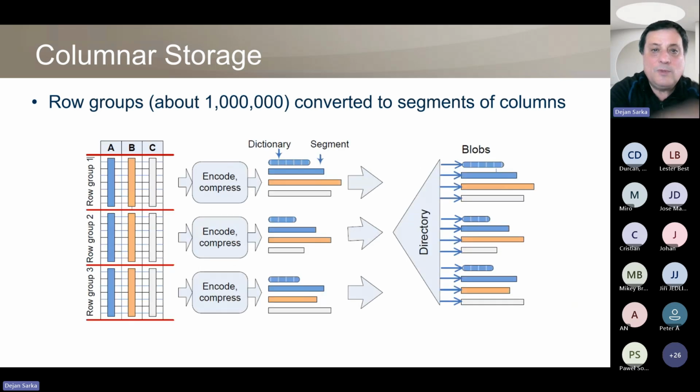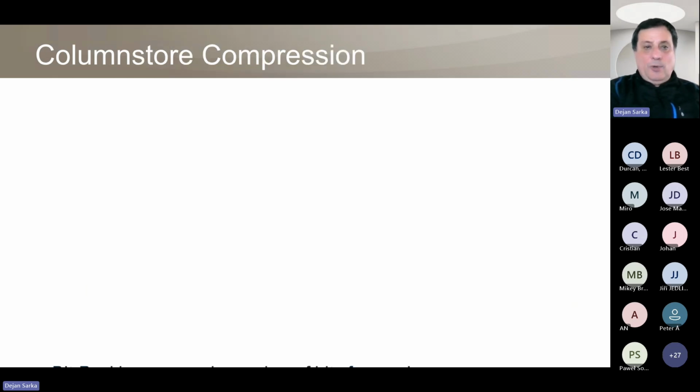So first we partition data simply by splitting data into groups or segments, where each has about 1 million rows, and then we do compression, storing each column separately, column by column, and compress data using all kinds of compression algorithms.